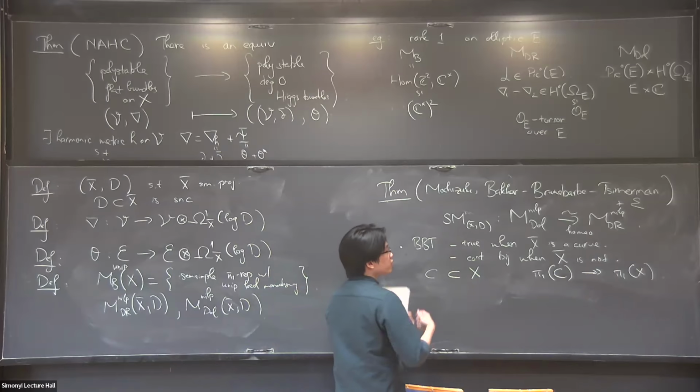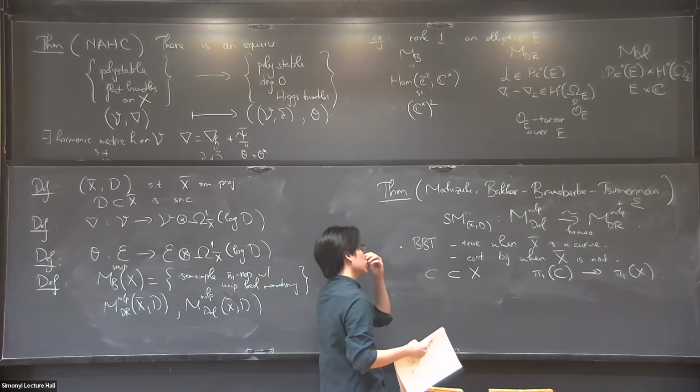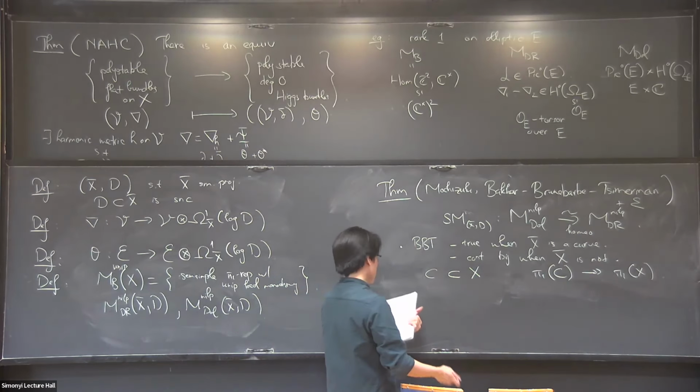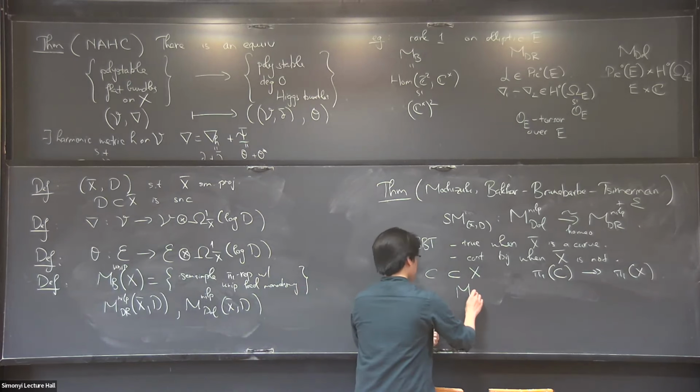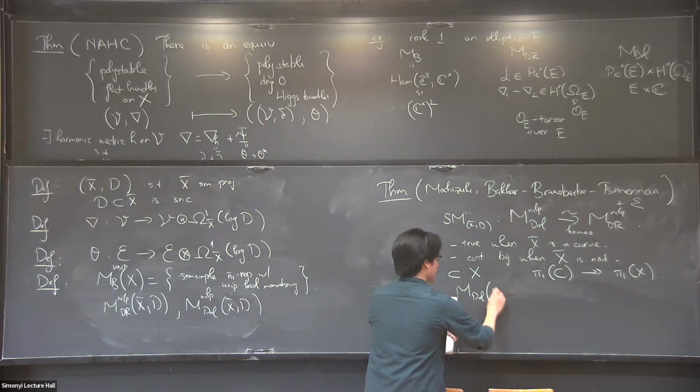And that would give you, we have a version of the Riemann-Hilbert correspondence in this quasi-projective case as well, and that will give you a closed immersion for the Betti space. So we have this diagram. Let me drop some of the adjectives.